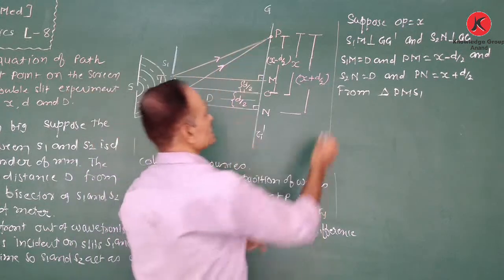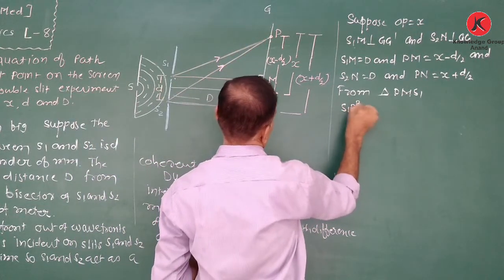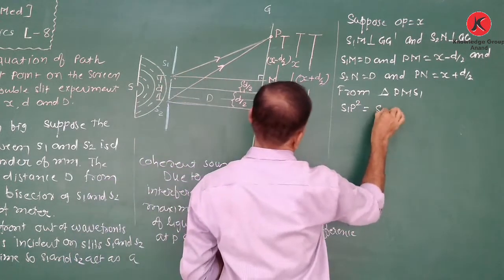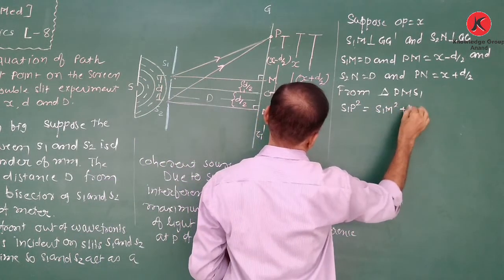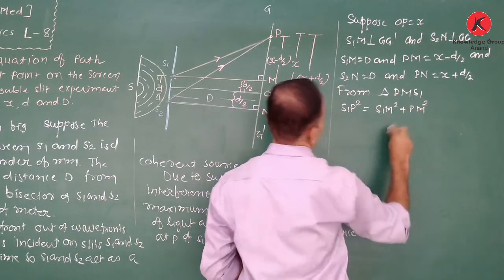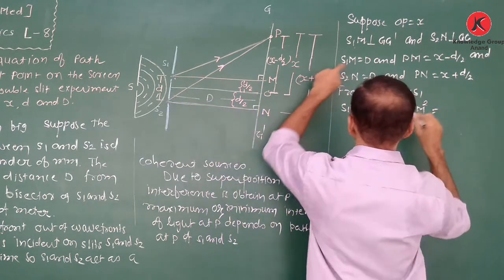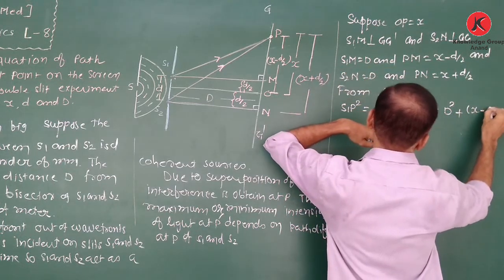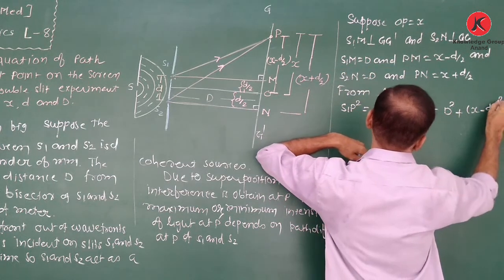Now, S1P square is equal to S1M square plus PM square. S1M is our D, so D square plus PM square, X minus D by 2 whole square.